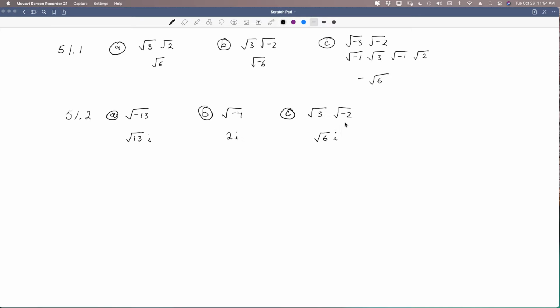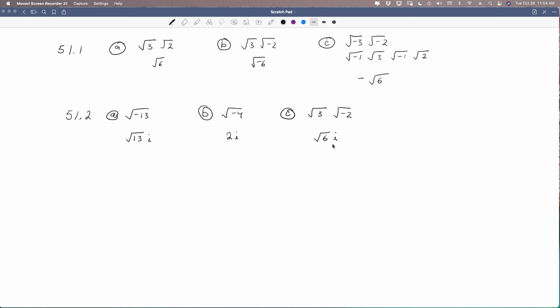Now for this one, we took the i out of here. We factored it, and we had negative 1, square root of negative 1 times the square root of 2. We multiplied the square root of 3 times the square root of 2. And then we have the i next to it. So the square root of 6 times i would be the answer for C.